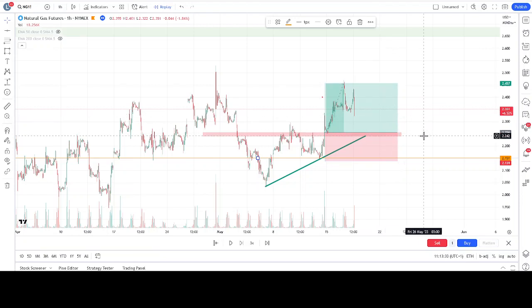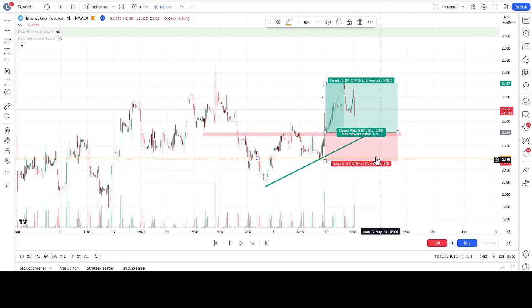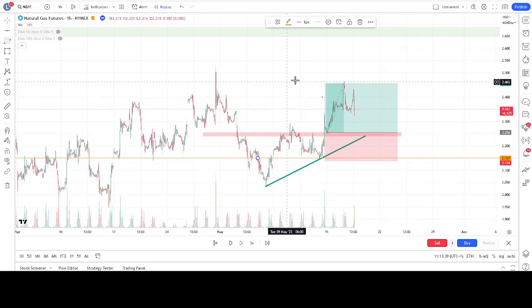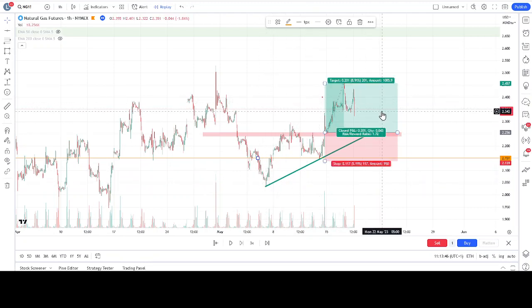But always follow your target and stop loss, as I said in the previous videos as well. So this is how an ascending triangle looks, and this is what we saw in the entire video: what is an ascending triangle, and how to trade an ascending triangle.